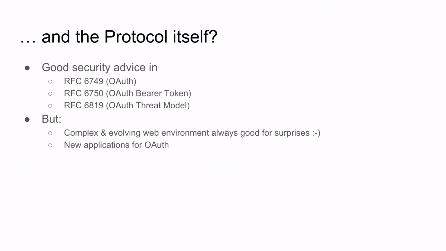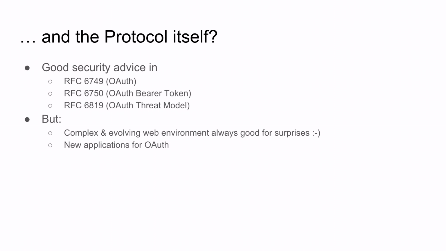Well, there's a lot of security advice in the two RFCs I already named, and the third one, the OAuth threat model, RFC6819. But still, OAuth faces a lot of challenges.